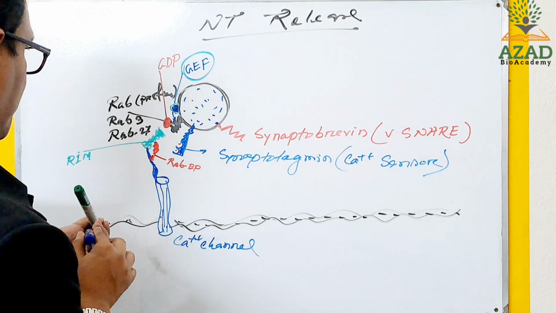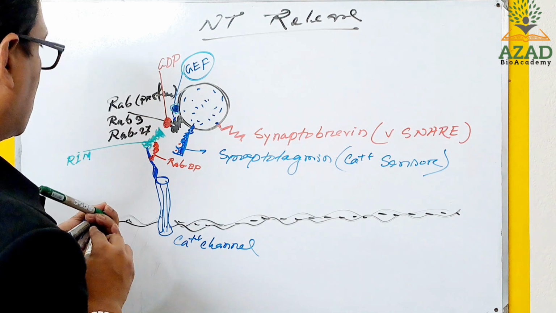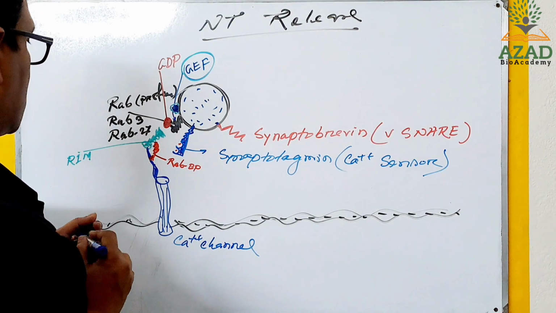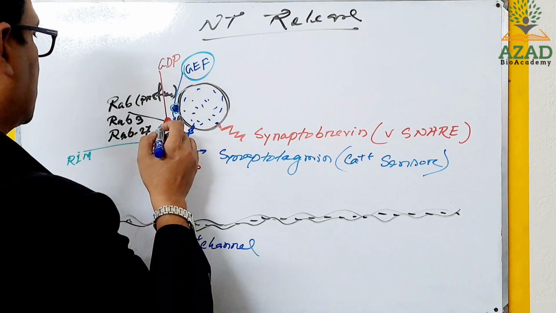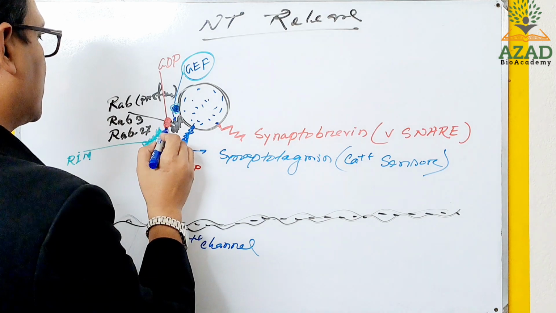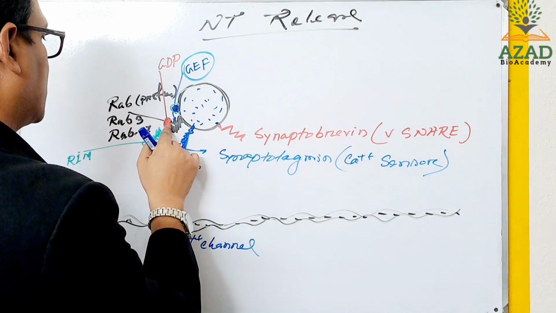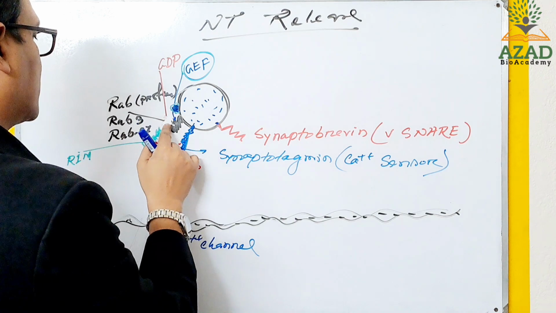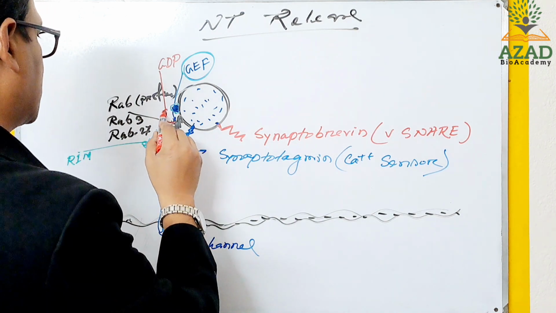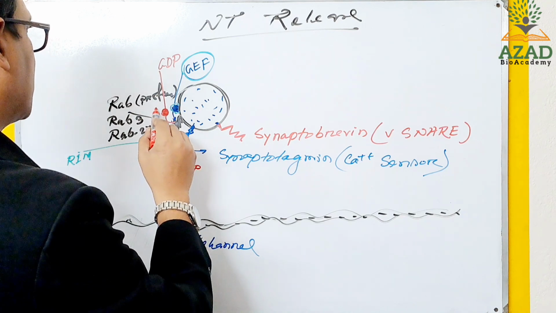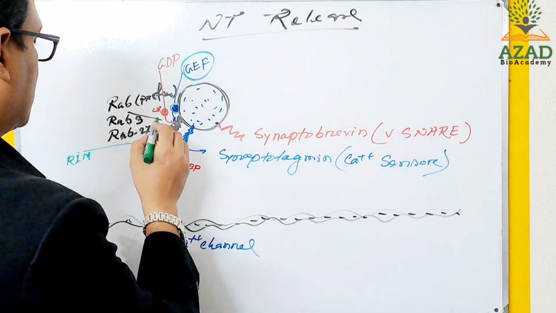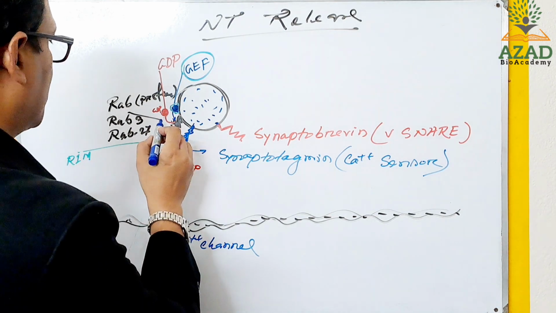So GDP to GTP. Here the GDP will go out or detach from here. This is the GDP, and here the GTP will come.